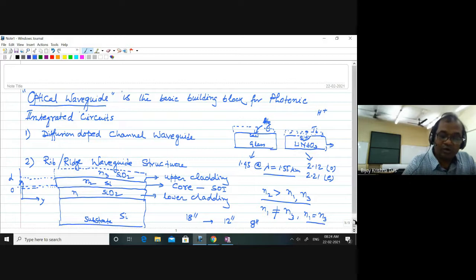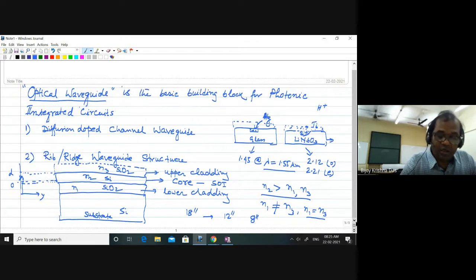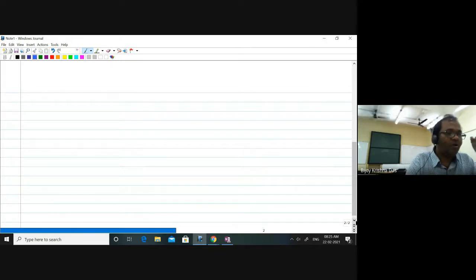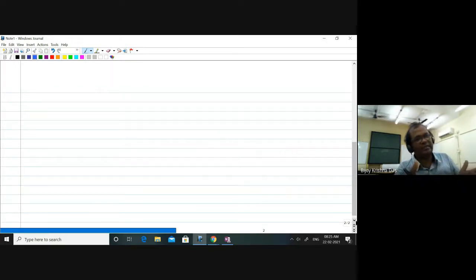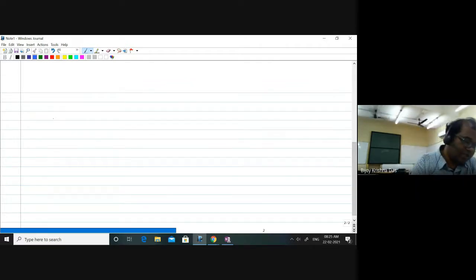So how can you get your ridge waveguide structure? Because you want confinement also in the y direction. Two-dimensional confinement is required. So what is done: you have your wafer, and we are just showing a portion of it. That is the substrate, the handling wafer, which can be silicon, and then you have your box.